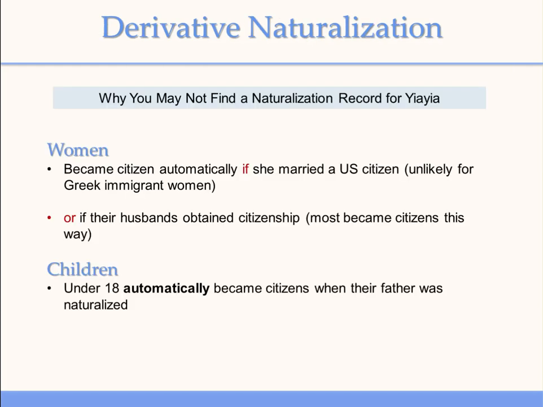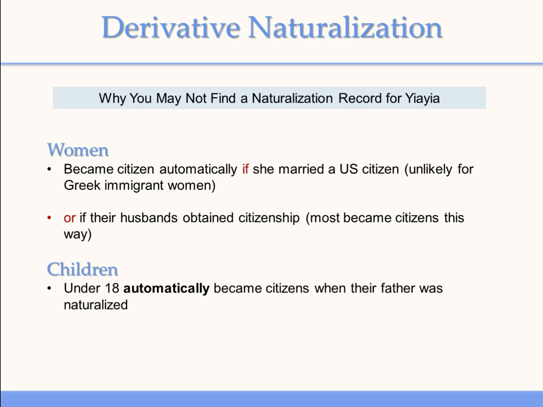Now, you may have found Babu's record, but what about Yaya's? Where's her naturalization record, and why can you not find it? You need to understand that there was a law that was passed regarding derivative naturalization. The word derive means it comes from somewhere else, not from the original source. So women became citizens automatically if they married a U.S. citizen when they first came over here.